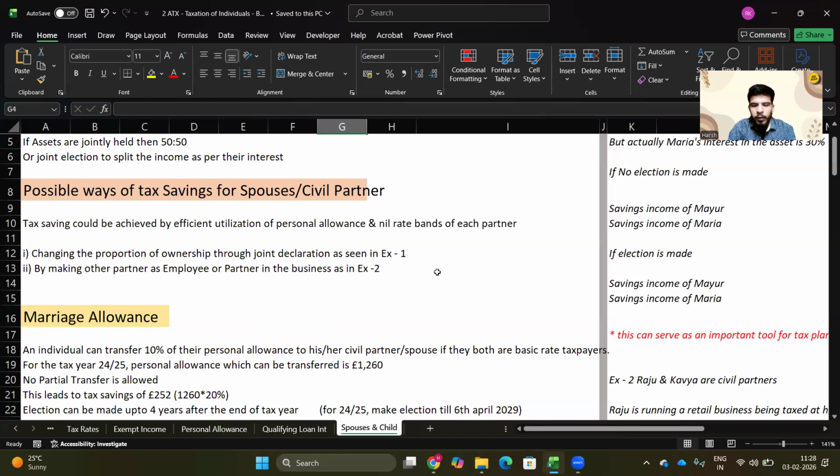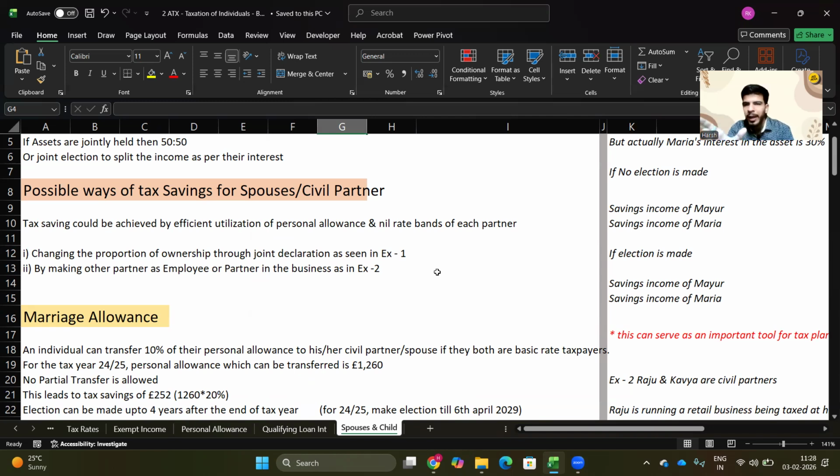So I make her an employee or partner in my business, such that the salary I pay to her and the dividend I declare would be distributed among both of us, so that we both use our personal allowance as well as the lowest rate of tax possible.